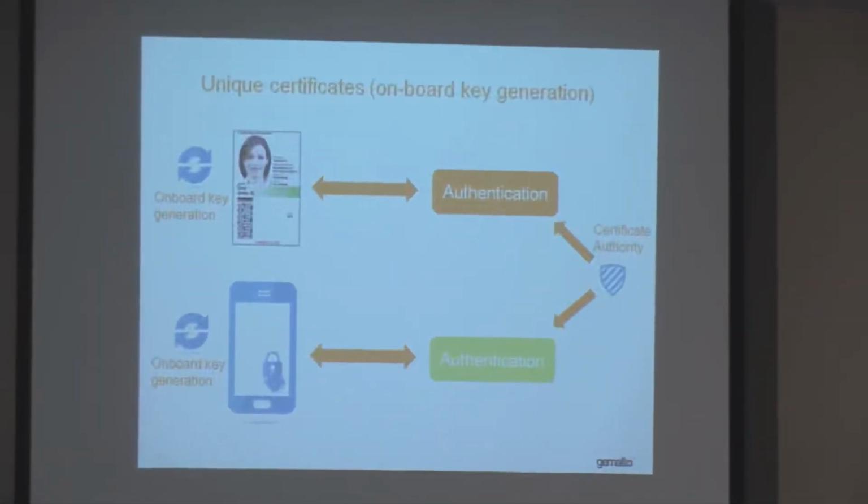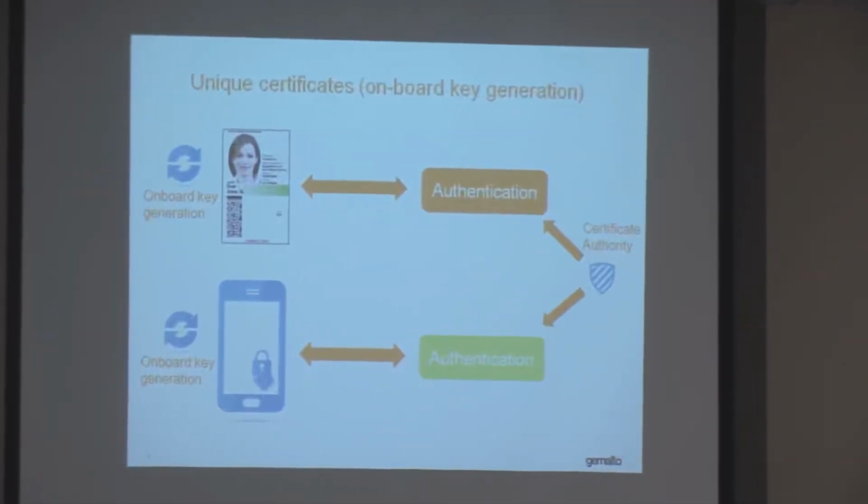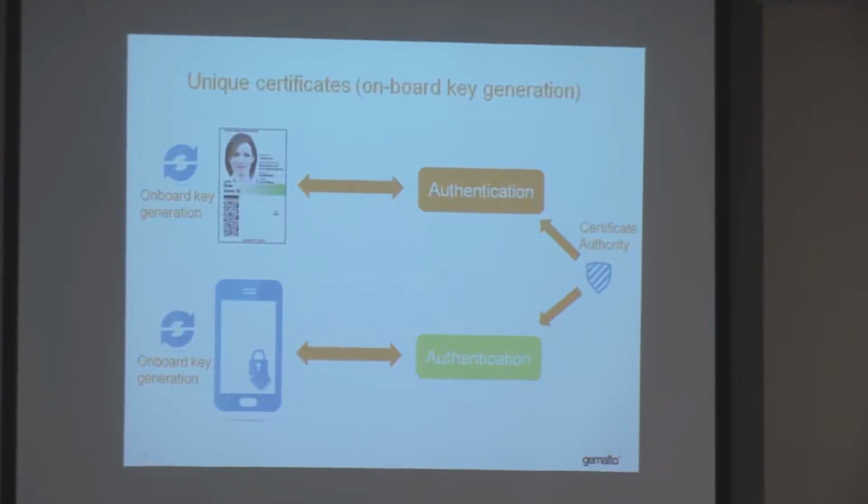Now, the second set of credentials are unique, and the reason is that they are issued in the following way. On the card or the mobile secure element, there is an onboard key generation of a public and private key, which is then used to sign a certificate request, a CSR, that is sent to a certificate authority.